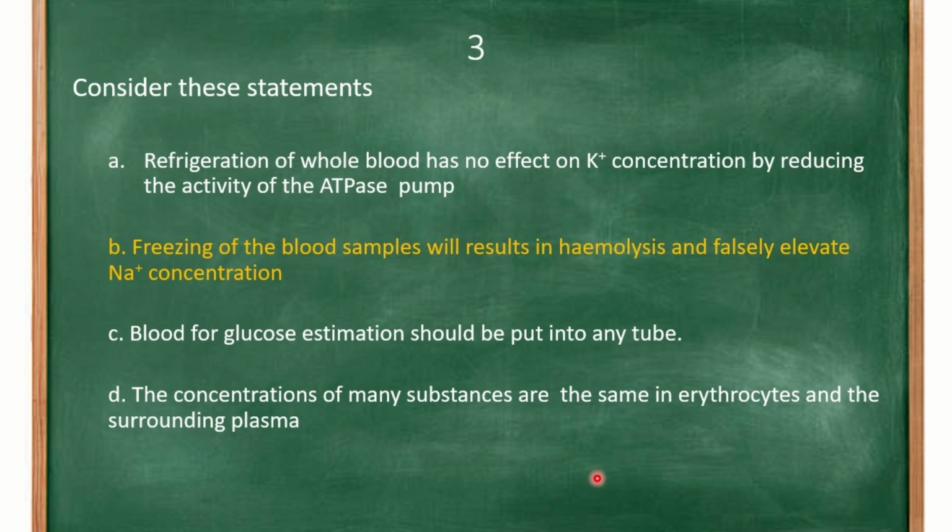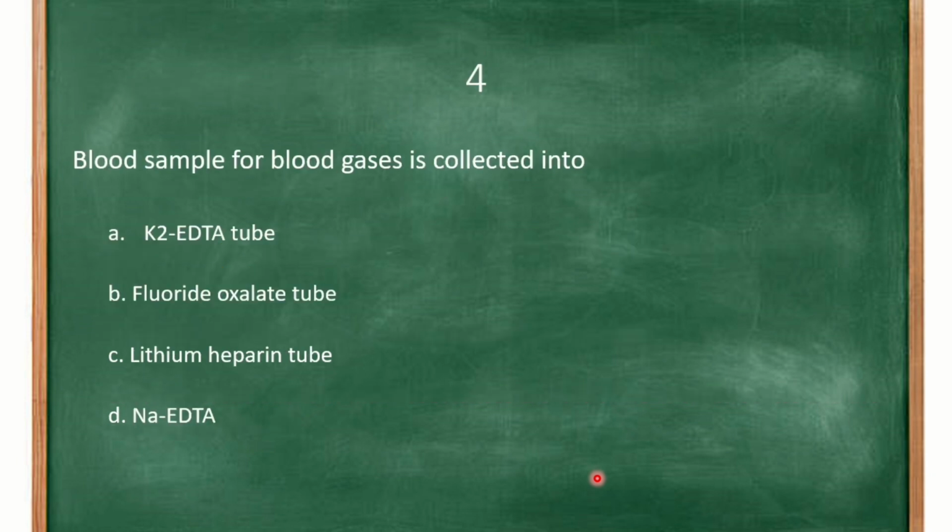Then D, the concentration of many substances are the same in erythrocytes and the surrounding plasma. This statement is false. For example, potassium is more in the intracellular space than the extracellular space. So that's about that for question 3.